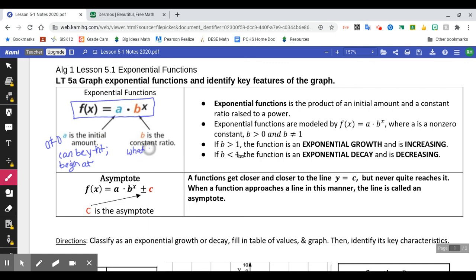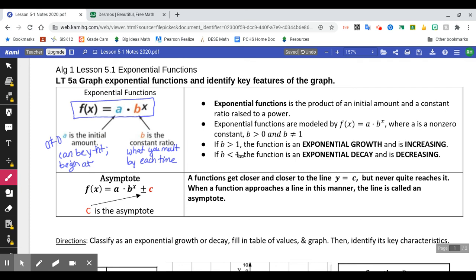Okay, so I'm just going to put here what you multiply by each time. So if you're increasing by 3 times that amount every time, it's a ratio of 3. If it's decreasing by a third the amount each time, your ratio would be 1/3.